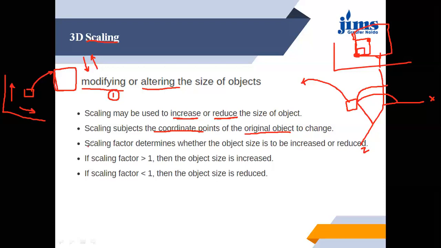Now there is a factor called the scaling factor. The scaling factor determines whether the object is going to be enhanced in size or decreased, that is reduced in size.